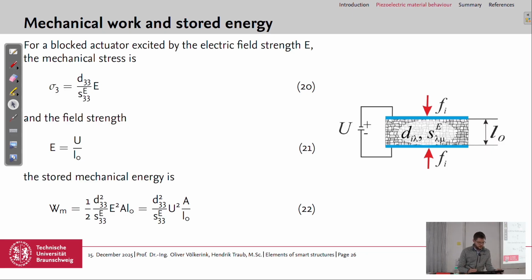So for a blocked actuator, which we excite with the electric field E, we can do the same. We know from the small signal behavior that D33, the piezoelectric constant with field in 3 direction and effect in displacement in 3 direction, divided by the compliance times the electric field gives us a stress, sigma 3.